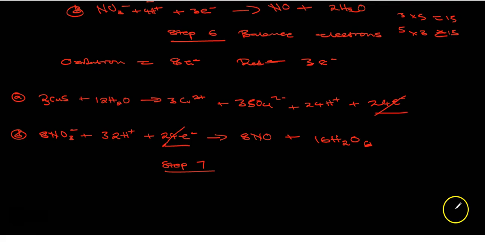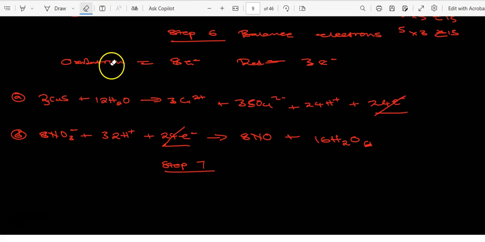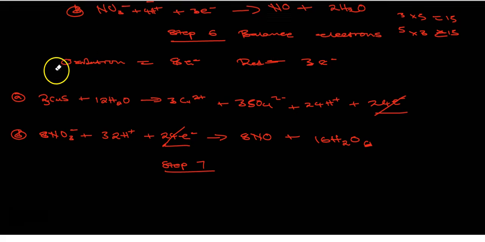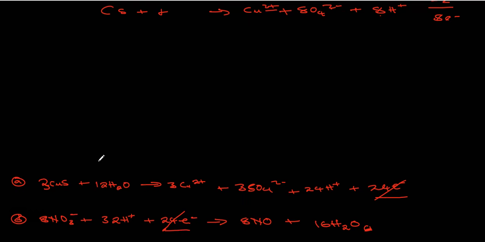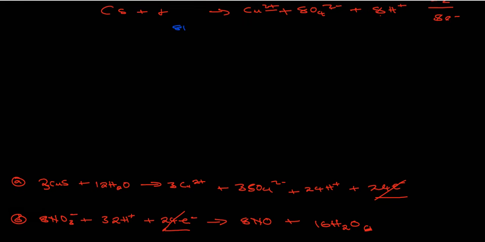I don't want to confuse you. What I want you to understand is this. Since we have now cancelled electrons, because electrons are equal, we balanced them, then we cancelled them. What we are going to do next is to combine the two reactions, which is step 8.